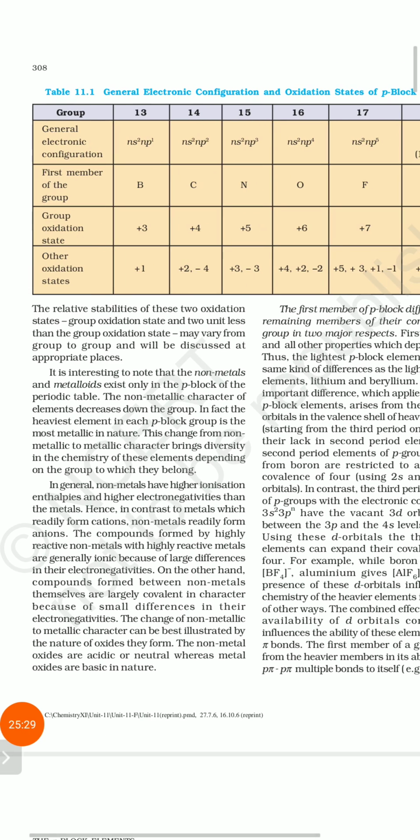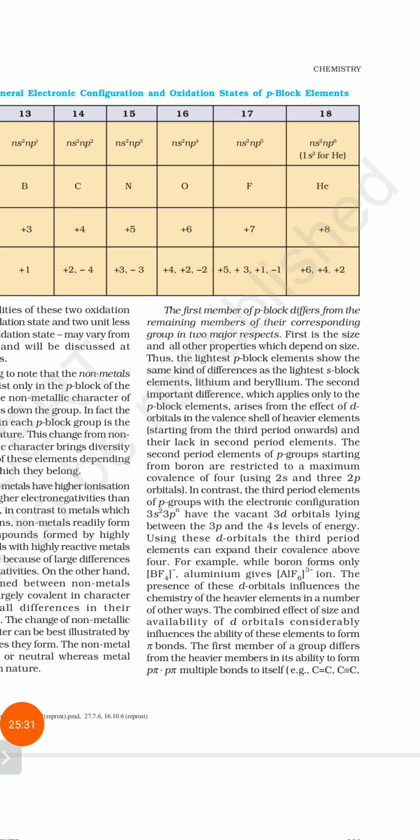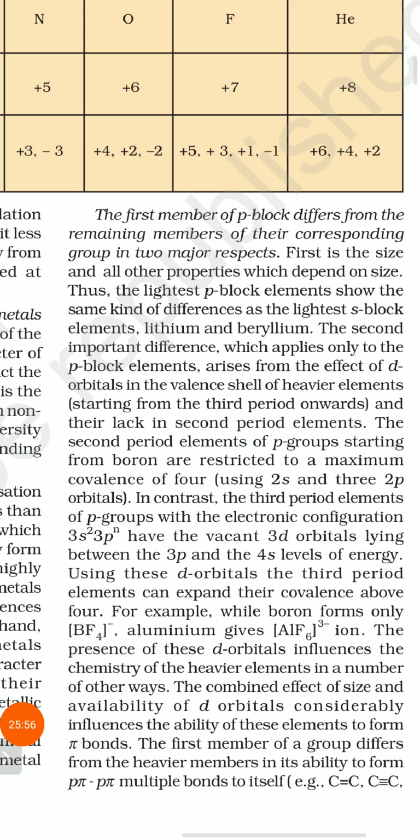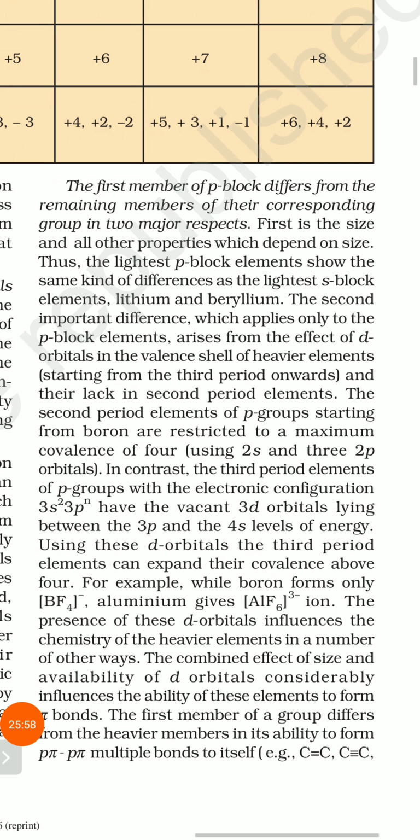So what about the metallic nature and non-metallic character of these elements? What are the periodic properties and how do they present there? Atomic size: what happens from top to bottom in a group?